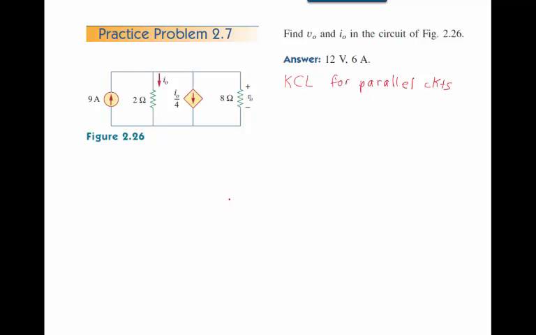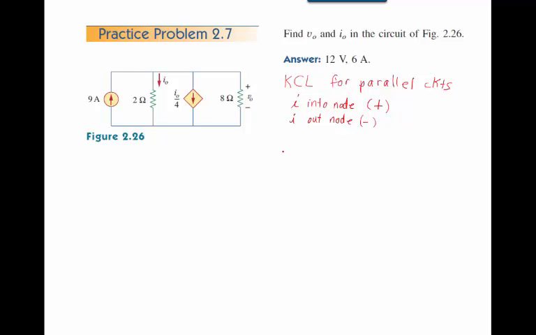Okay, so this one is going to be a Kirchhoff's current law, and I'm going to use KCL, and I'm just going to somewhat arbitrarily say that I into the node is a positive convention, and I out of the node is a negative convention.